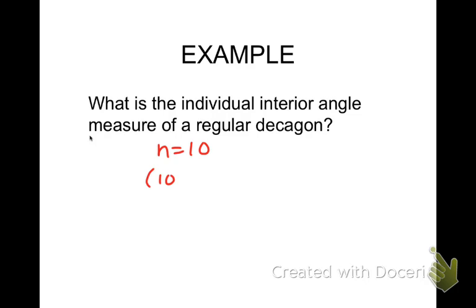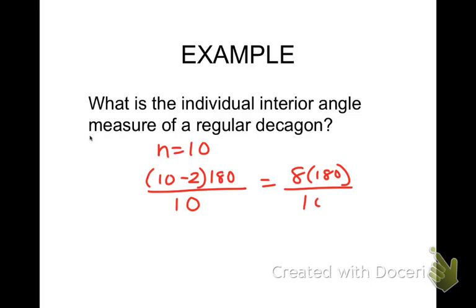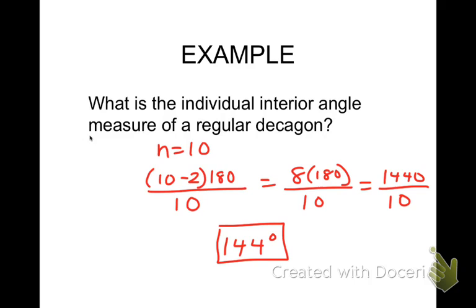That means we're going to do 10 minus 2 times 180, and then take that number and divide by 10. 10 minus 2 is 8. 8 times 180 is 1,440. Divided by 10, just take away a 0. So if I had a regular decagon, meaning all the sides are the same and all the angles are the same, then each individual angle would be 144.